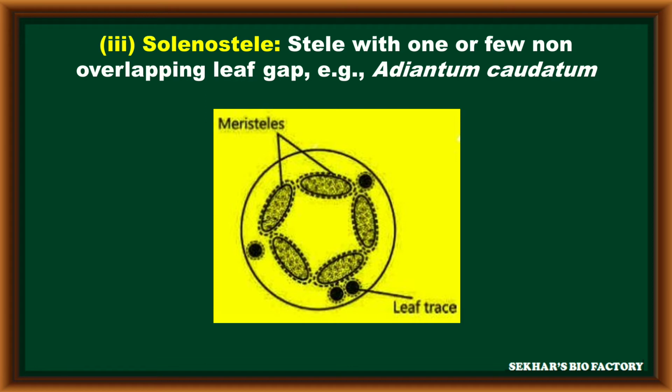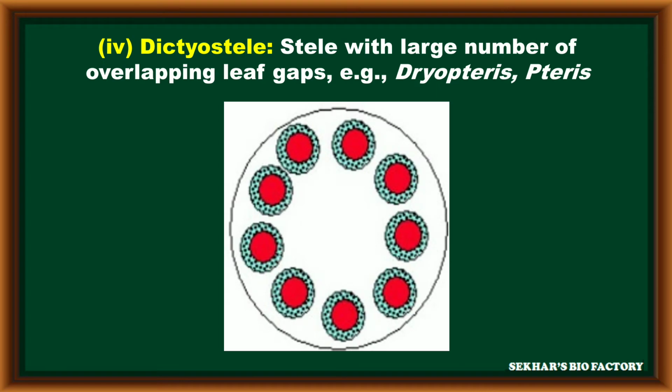In this type, the stele has one or a few non-overlapping leaf gaps. Such a type of stele is seen in Adiantum. The fourth type of stele is dictyostele. In this, the stele has a large number of overlapping leaf gaps. It is seen in Dryopteris and Pteris plants.